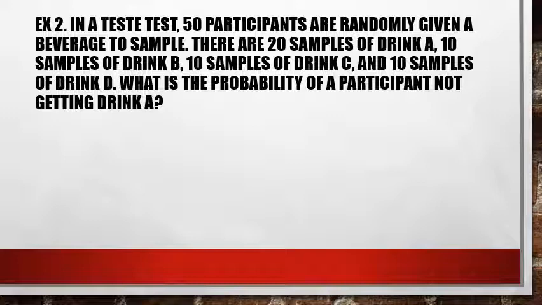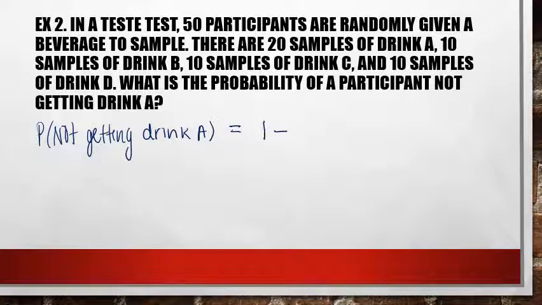Alright, so the probability of not getting drink A is going to be 1 minus the probability of getting drink A. Okay, so what's the probability of getting drink A?